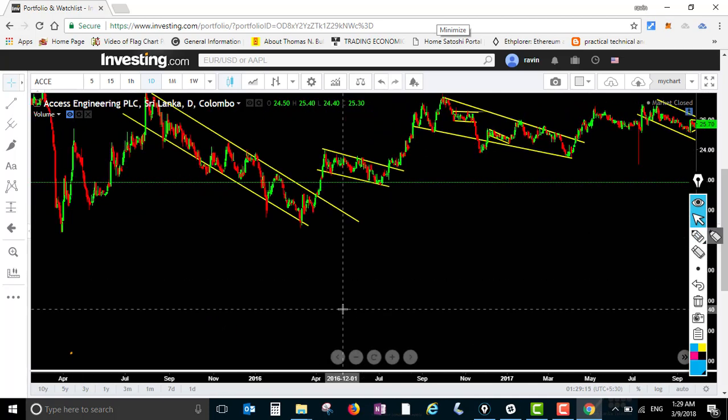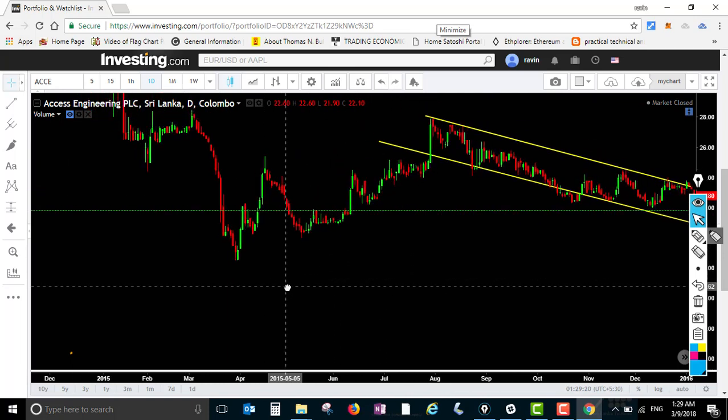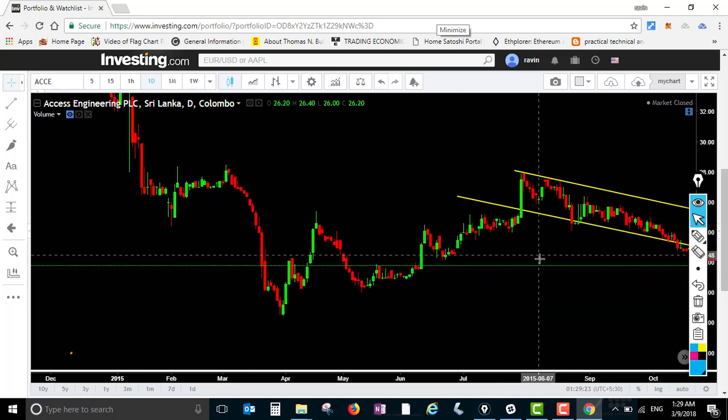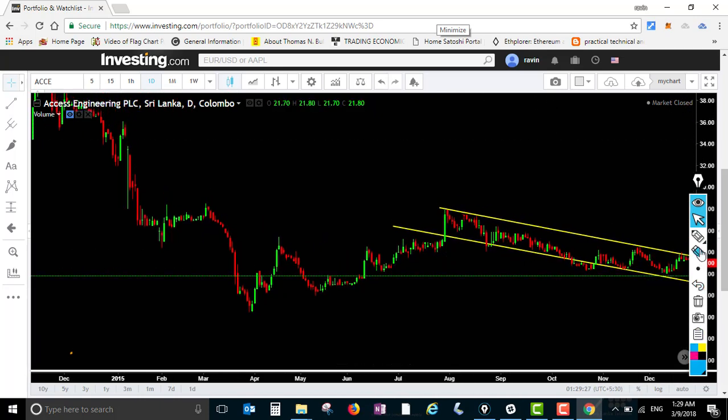For example, let's say if you are going here, see, I will show you here. Yeah, this is a continuation channel. What happened? Price has come down and stayed sometimes here, again down.